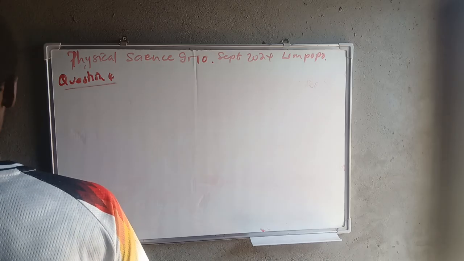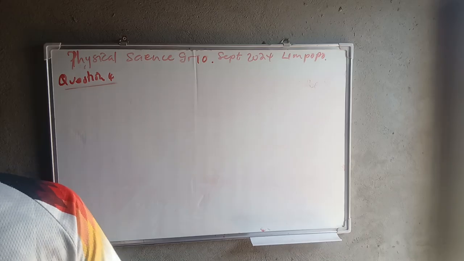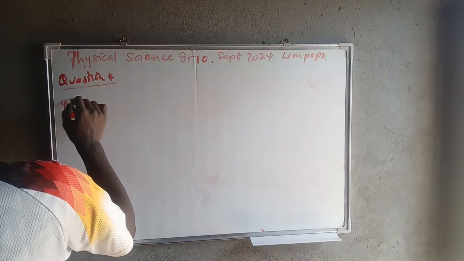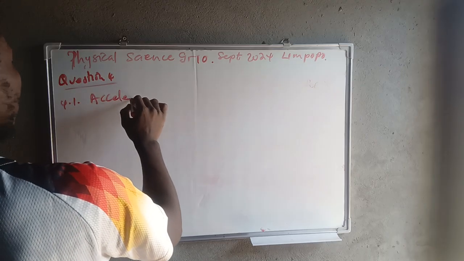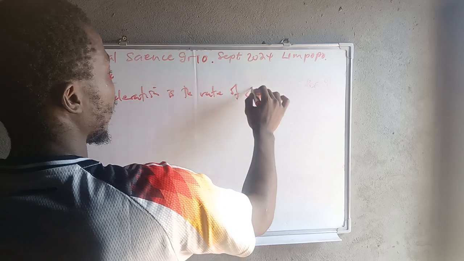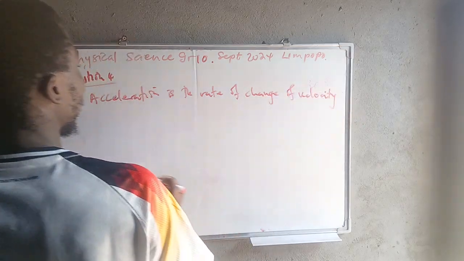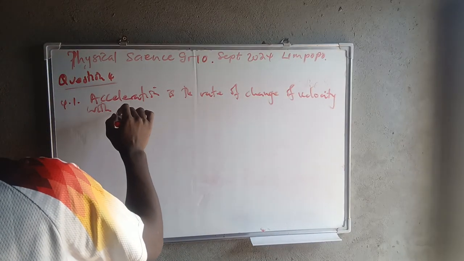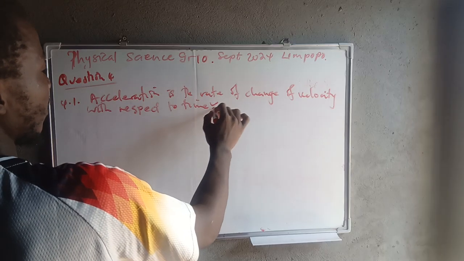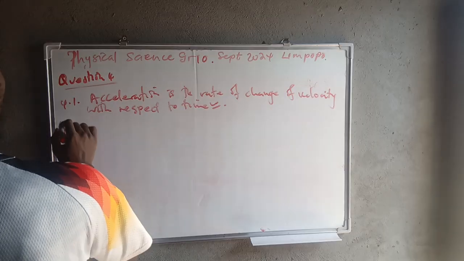We know that acceleration is the rate of change of velocity with respect to time. So 4.1: acceleration is the rate of change of velocity with respect to time.